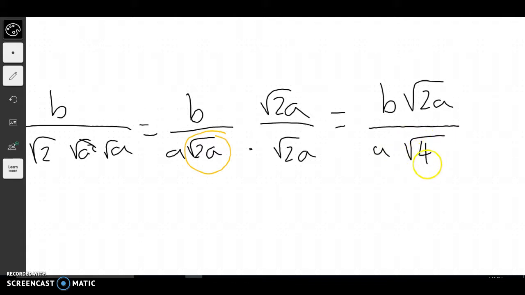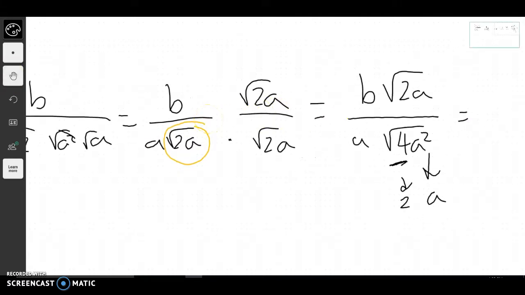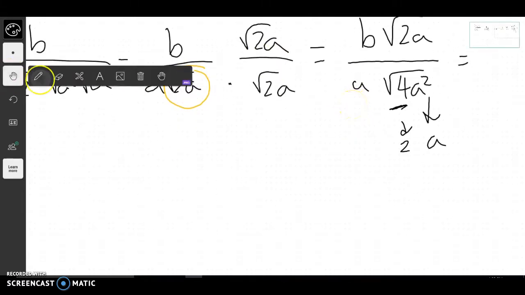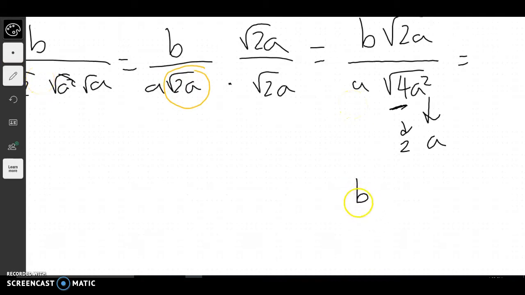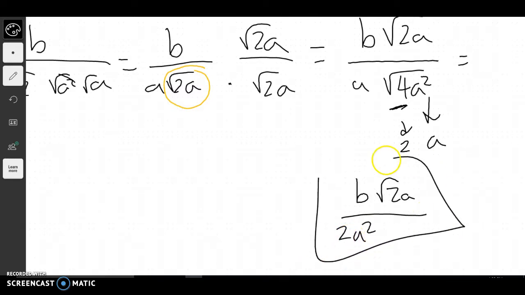So this is 4a squared. Well, then how that breaks down is that becomes 2, and this right here is just going to become a. So when we combine everything on the bottom, I ran out of room there. When we combine everything on the bottom, we're going to get b radical 2a over a squared. And we got a 2. And that would be it.